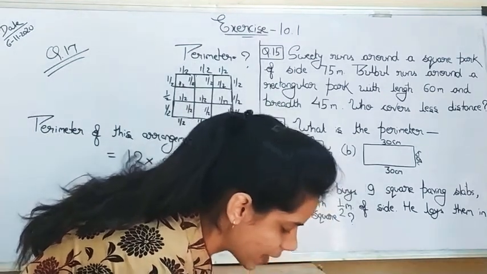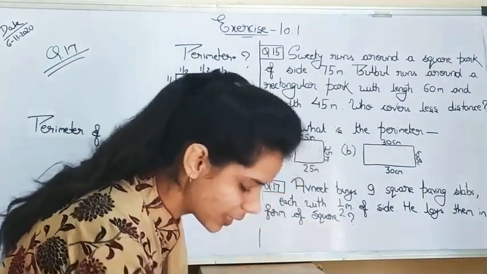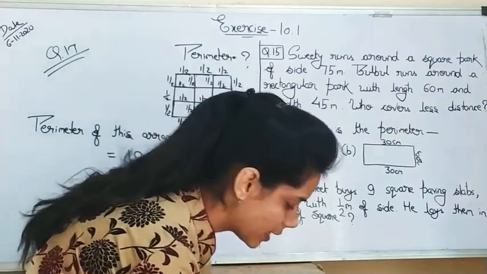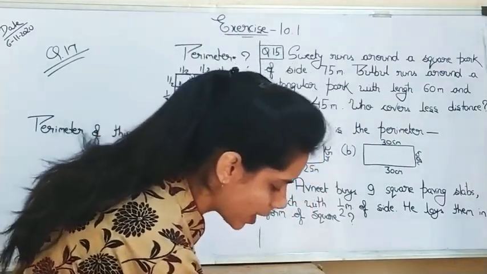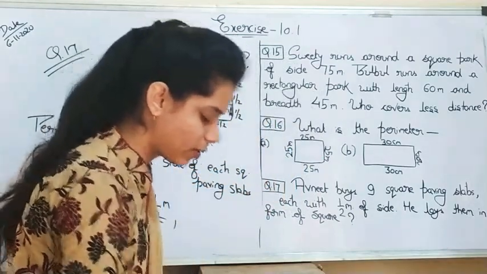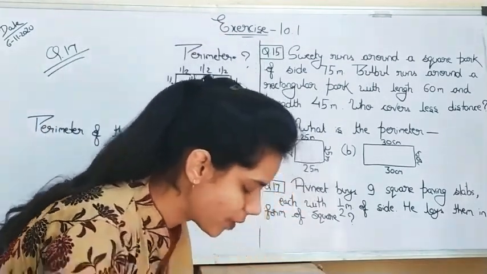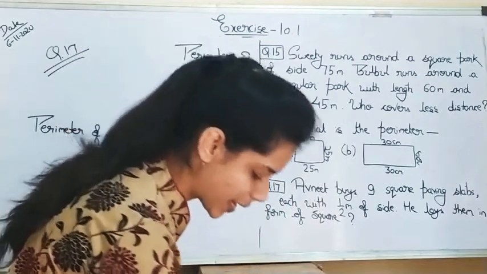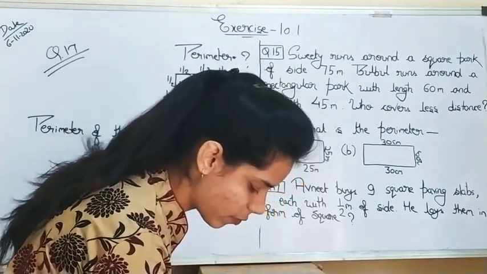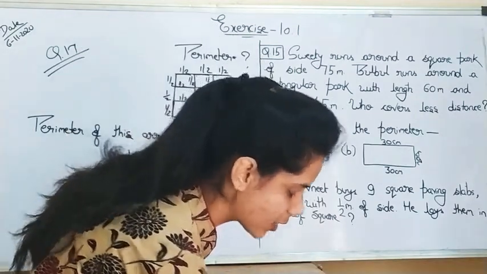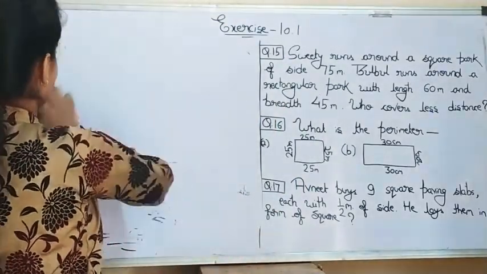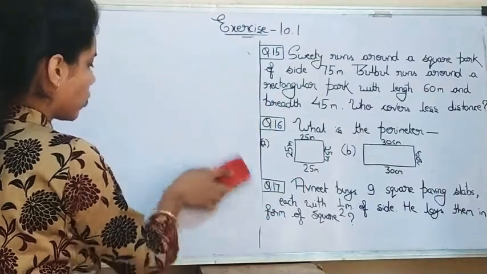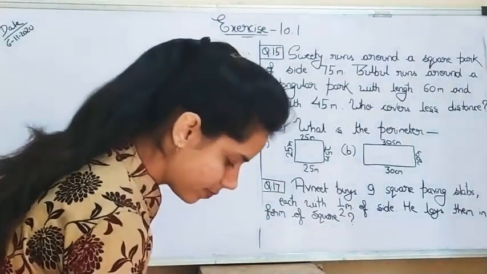The B part is given, this cross. Sherry does not like his arrangement. She gets him to lay out a cross. What is the perimeter of this arrangement? We need to find it for the second part. 1, 2, 3, 4, 5, 6, 7, 8, 9. There are a total of 9 squares. First of all, we need to draw the figure.